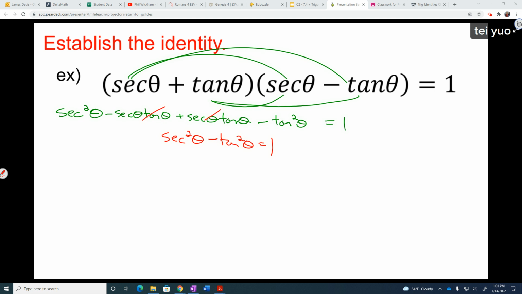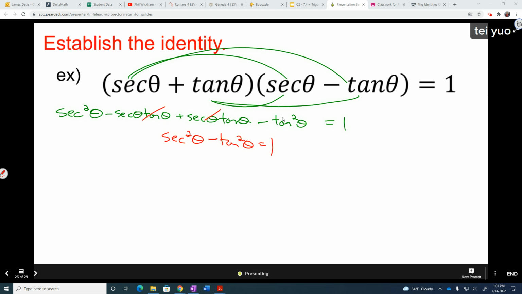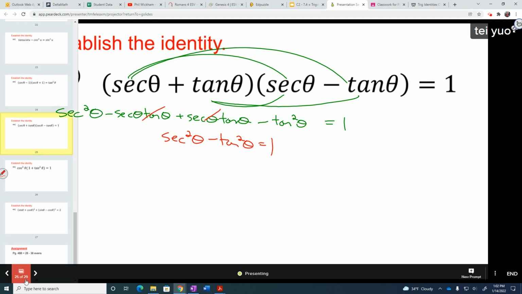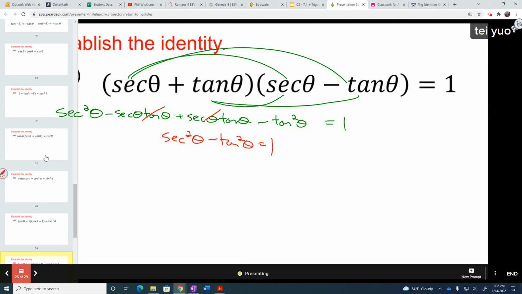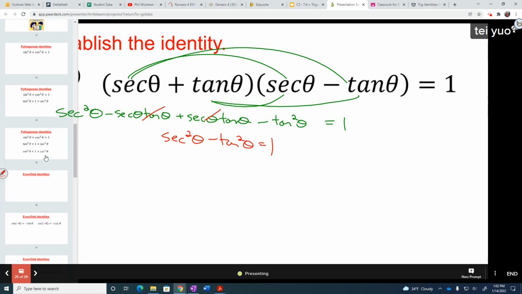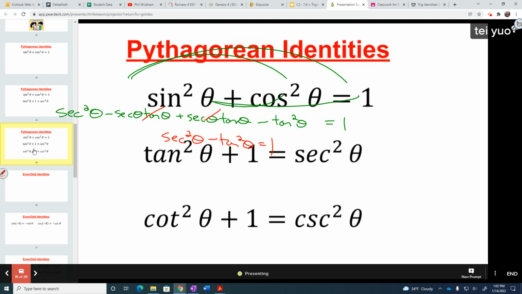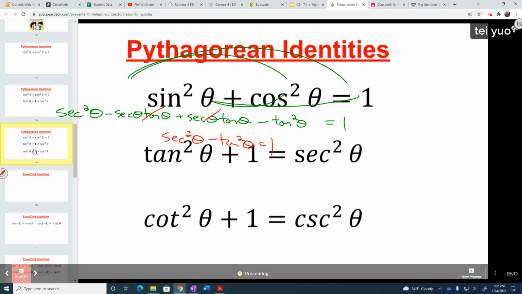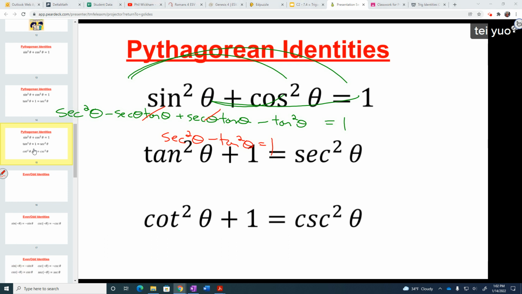Now what? What does secant squared theta minus tan squared theta equal? Could we make that equal to 1? Tan squared plus 1 equals secant squared. You can just rearrange this as actually the same thing, right? You just do 1 equals secant squared minus tan squared.